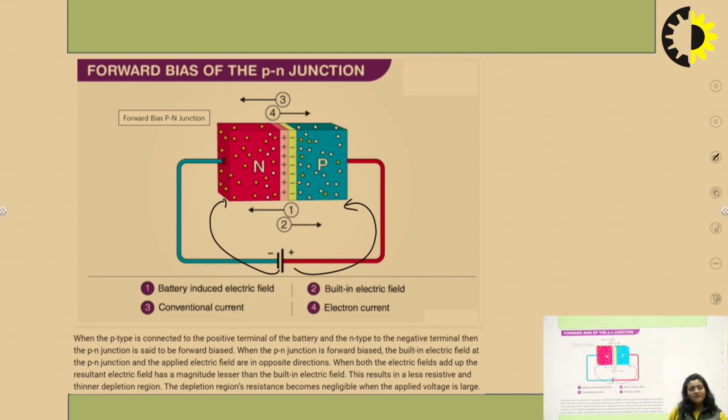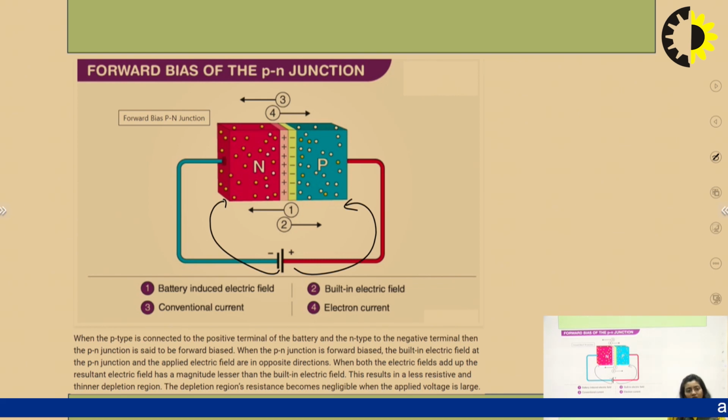Because the majority carriers on the P side are holes, whose conductive charge is positive, and the conductive charge of an electron is negative. So the negative side of the external power supply is connected to the N side and the positive side to the P side. This is called forward bias of a PN junction.